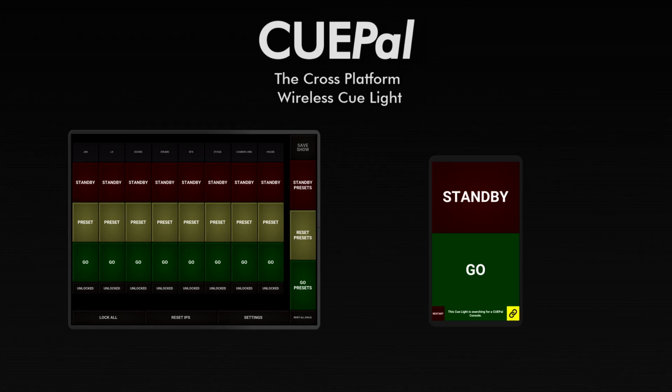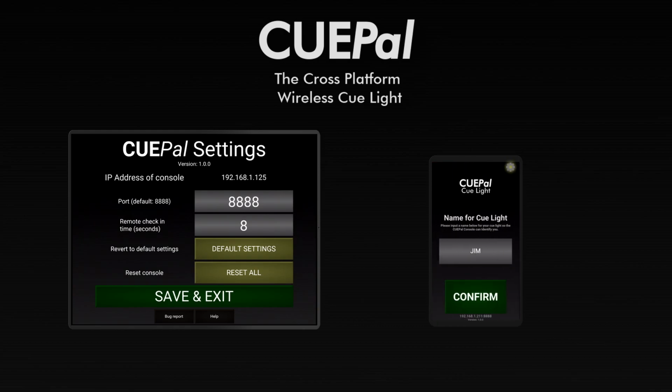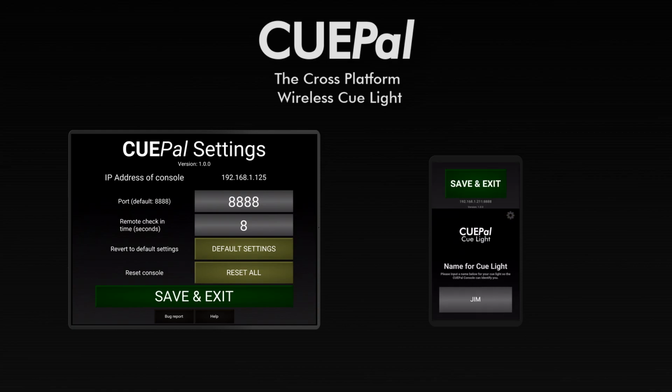Let's now look at how you connect to the console manually. Firstly, I need to find the IP address of my console. This can be found in the settings window. Then I need to input this IP address into the CUEPal Cue Light's console IP box.